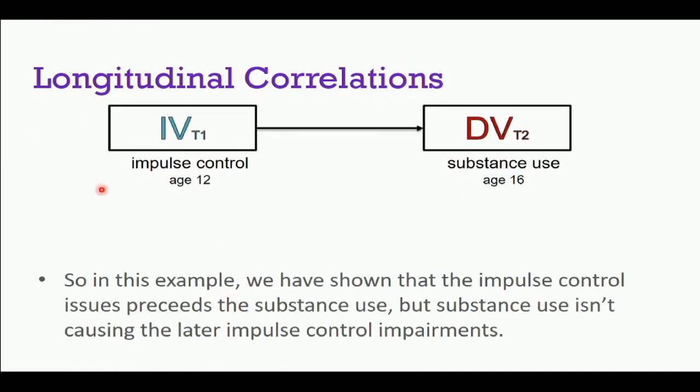So let's have a look at our example. Impulse control at age 12. Okay? And 4 years later, we find there's a significant correlation with our substance use. So if you have bad impulse control, I'm thinking of a parental report, teacher's report. If we go back earlier, does anyone remember the marshmallow test?